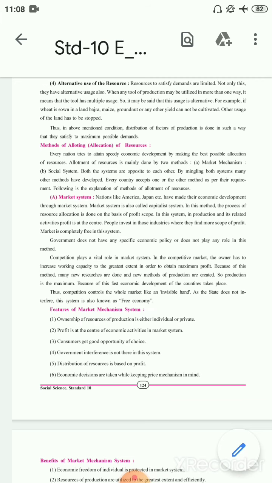Fourth, there is no government interference in this system. Number five, distribution of resources is completely based on profit motive. And sixth, economic decisions are taken keeping in mind the price mechanism to see that because of competition the price should be less, at the same time profit should be more.